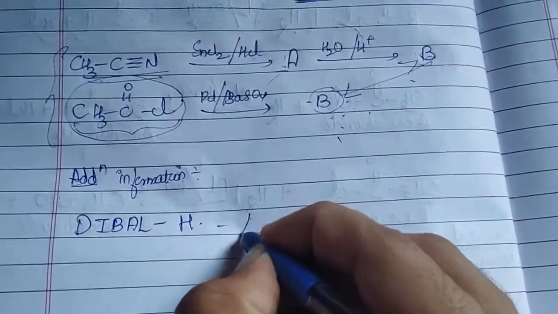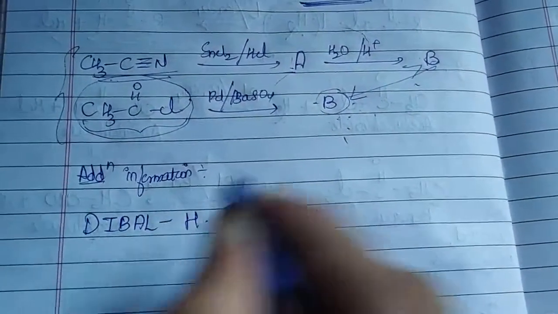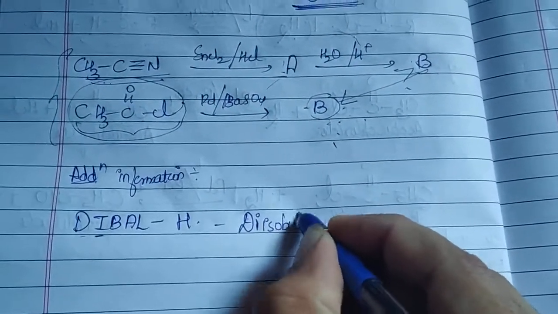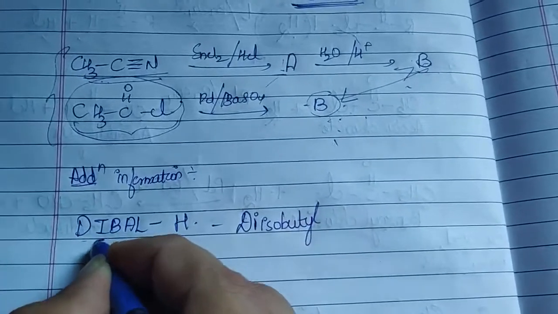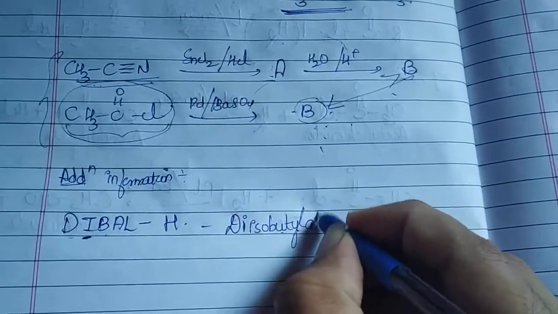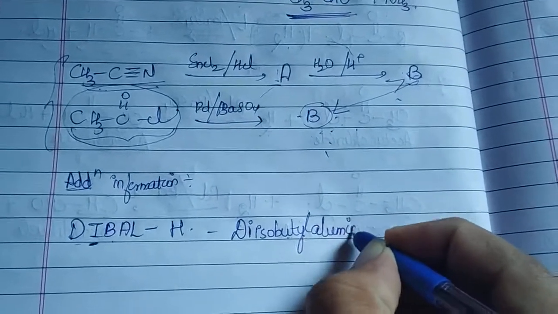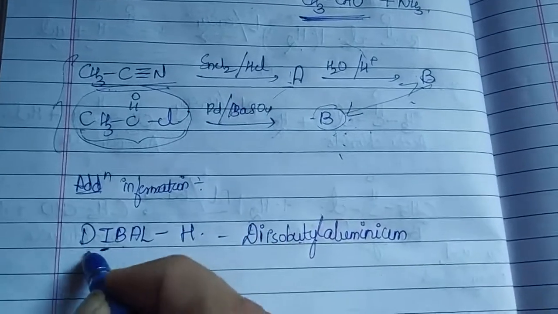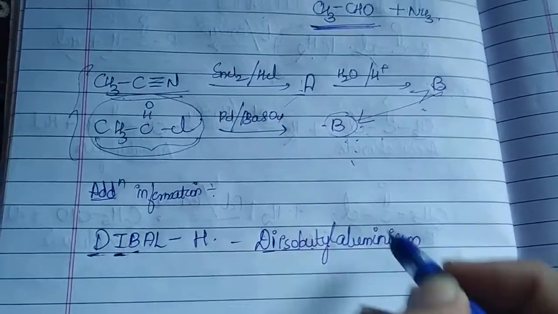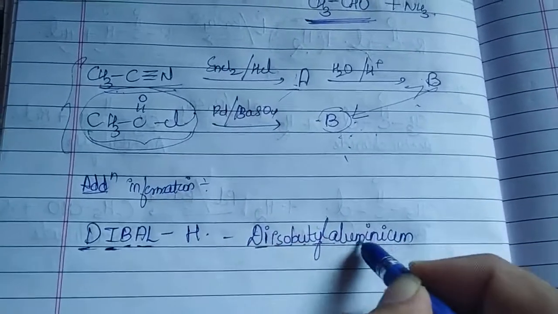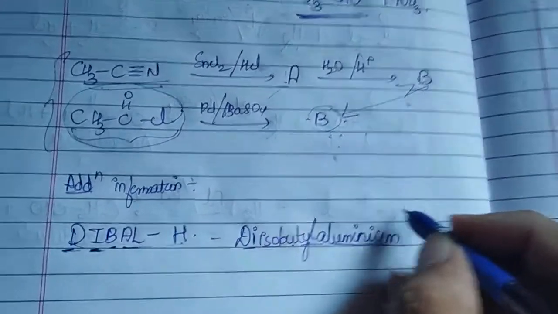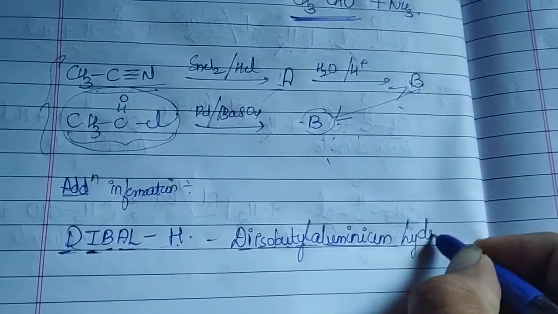Remember, D stands for di, I stands for iso, B stands for butyl, Al stands for aluminium. All the letters are capital. DIBAL-H means it is a hydride.